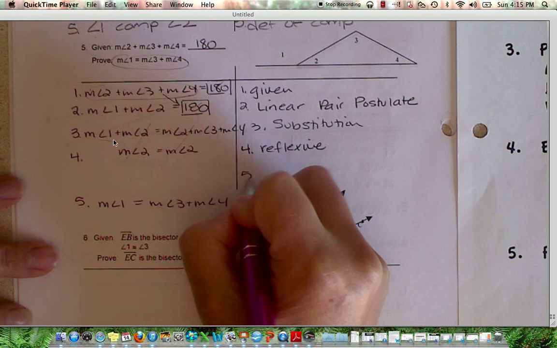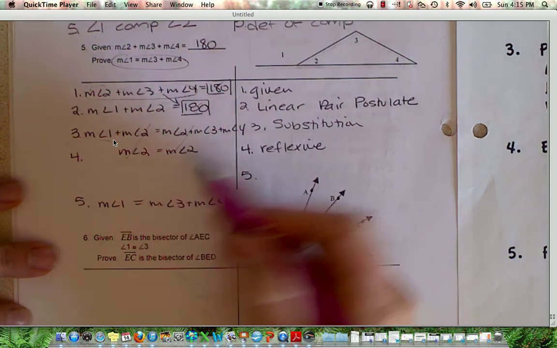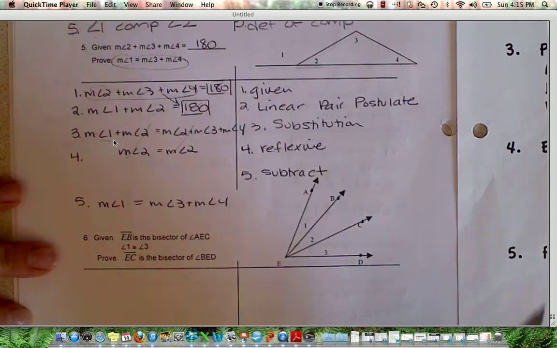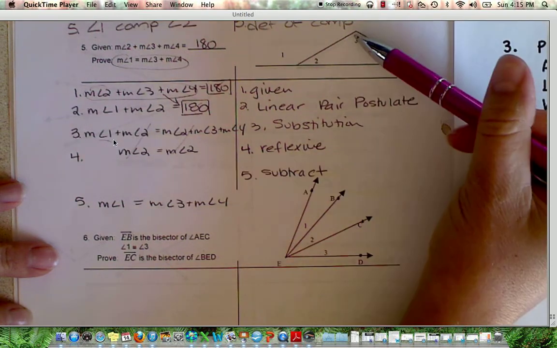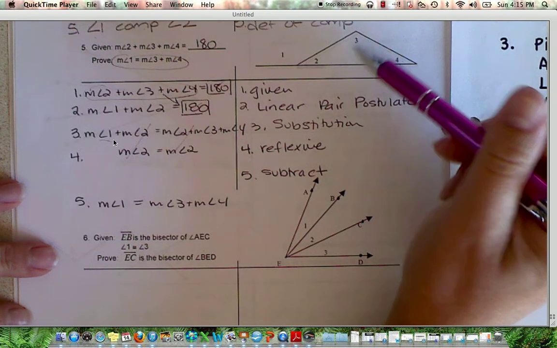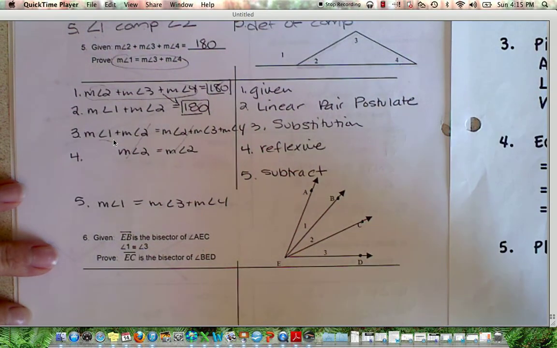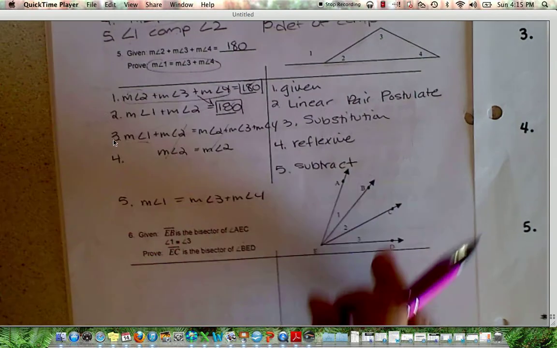I'll put the reason up here just so it doesn't bombard my angles here. So all we did was subtract to move those away. So we have proven that angle 1 is always equal to measure of angle 3 plus the measure of angle 4, which is actually called the exterior angles theorem, which we will talk about later on this year. Moving on down to the last example on these notes, number 6.